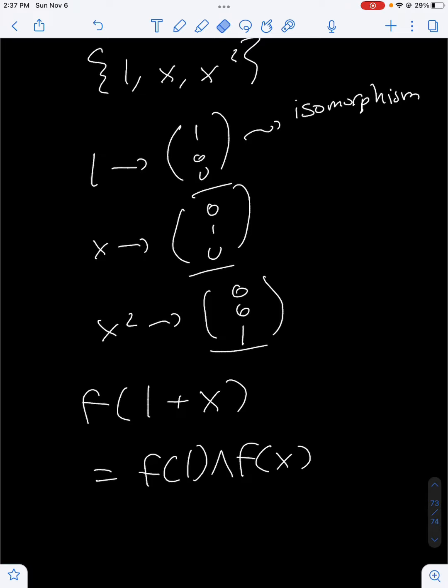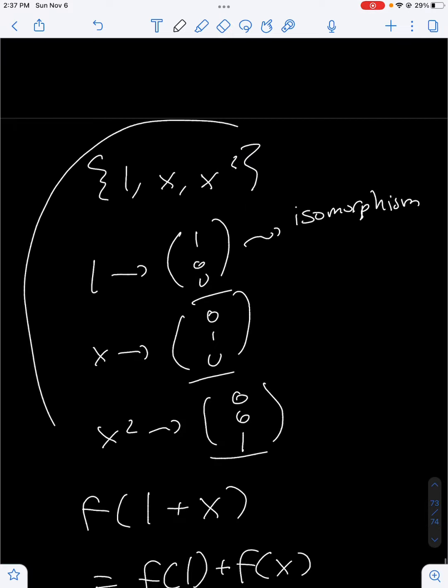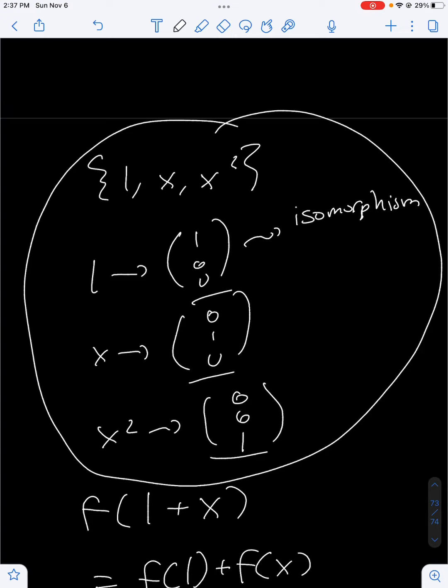In this case, it's just going to be plus, because the group operation that we are considering here is the group under addition, not multiplication. If you use multiplication, it's no longer going to be an isomorphism. But it's a nice exercise to prove that this is an isomorphism. So by making an isomorphism, we can treat these functions as vectors, and then we can solve integrals pretty easily.